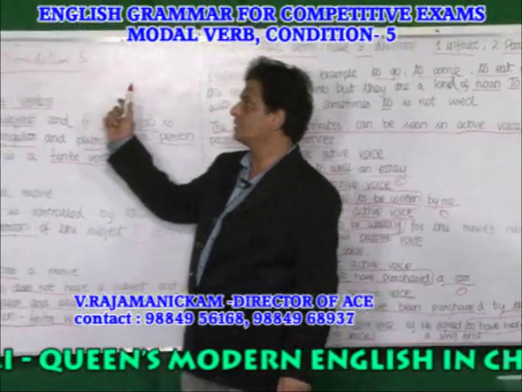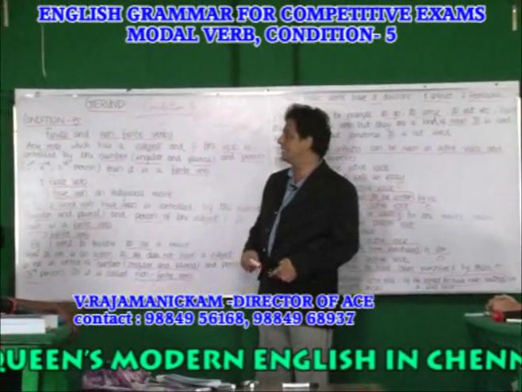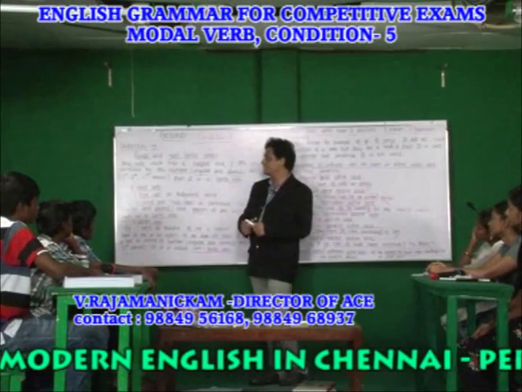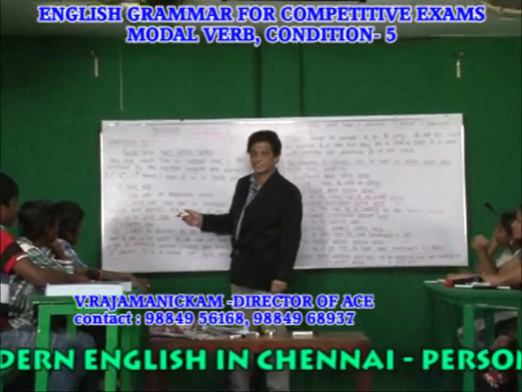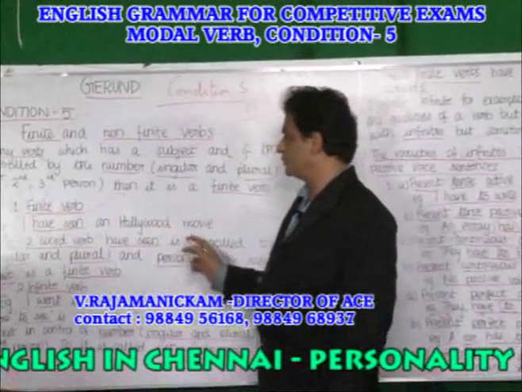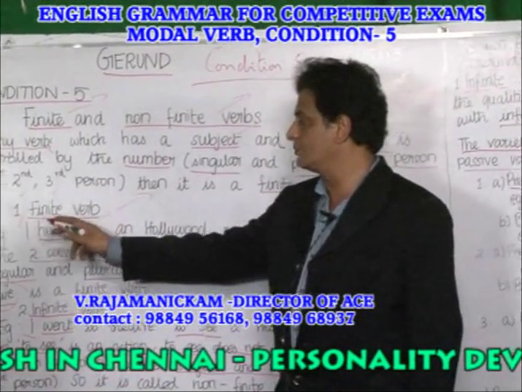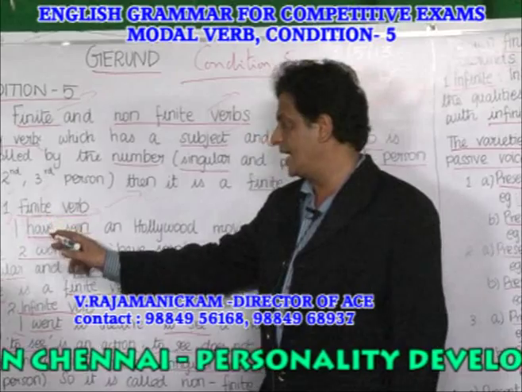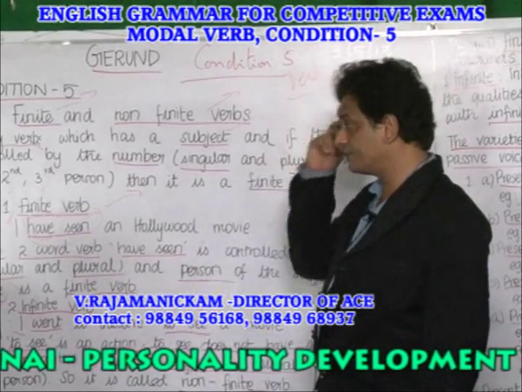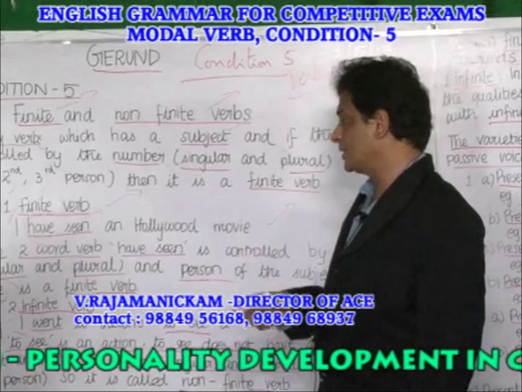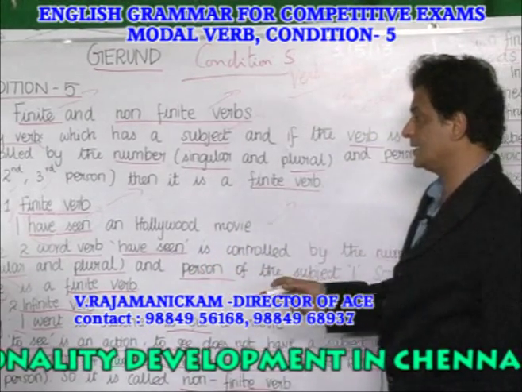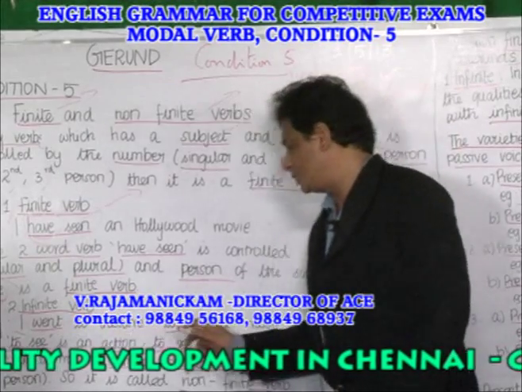Once again, condition 5 says finite verbs and infinite verbs. Any word which is controlled by the subject is called a finite verb. I have seen a Hollywood movie. So have is controlled by I. I is the subject, have is the verb. Right? No doubt about it. Then see here: I went to the theatre to see a movie.